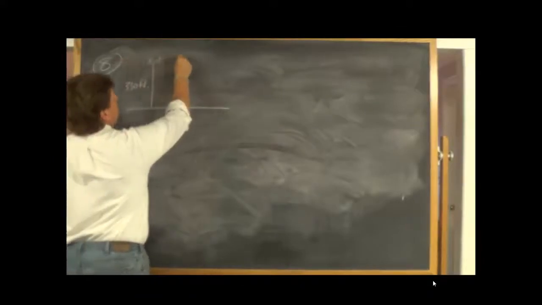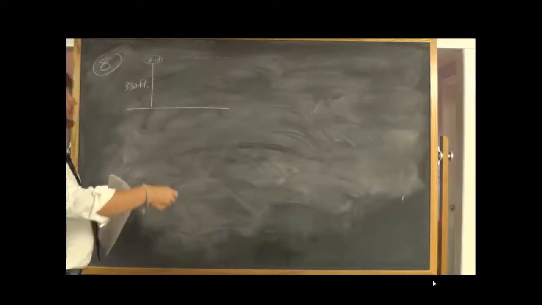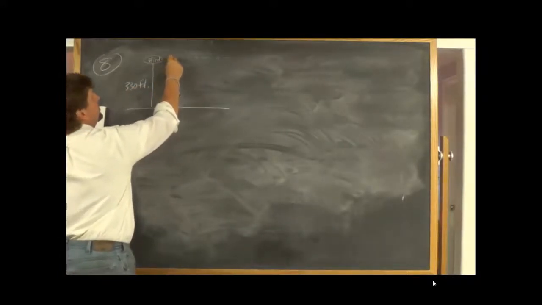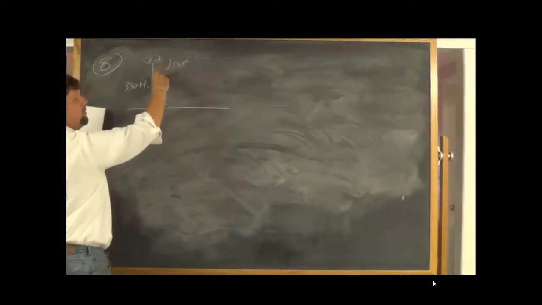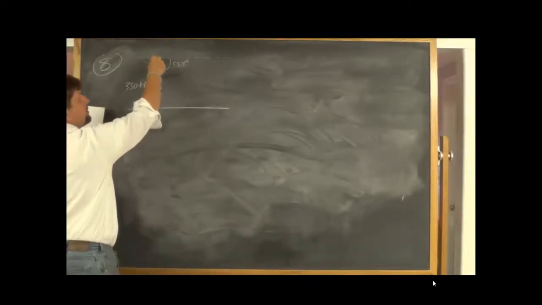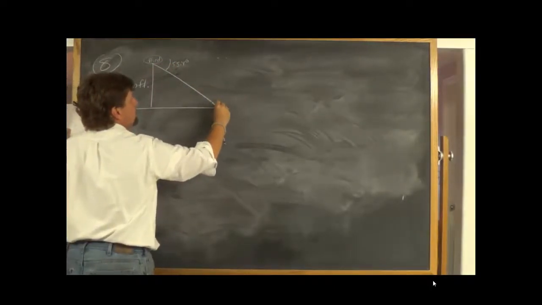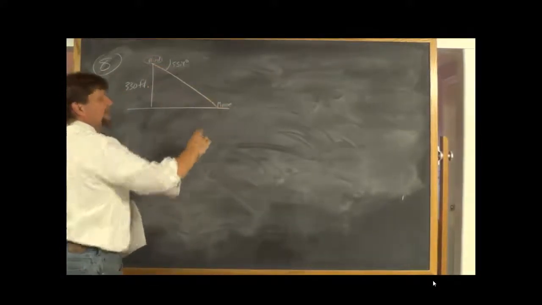So if up here I were to imagine a horizontal line, notice it's parallel to the ground, the bird's angle of depression of 55.4 degrees, it's this angle right here, 55.4 degrees. That's the angle of depression. It's with respect to the horizontal. And right here's the mouse. So the question is, what is this distance?